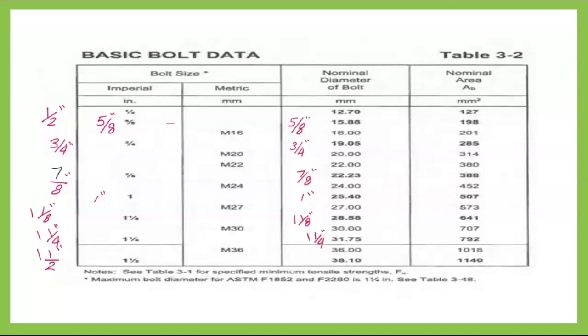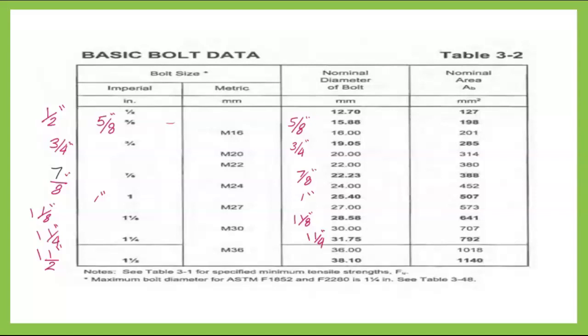We can see that the smallest size is 1/2 inch, which had a diameter in millimeter equals 12.70 millimeter. The 5/8 inch bolt has a bolt size of 15.88 millimeter.